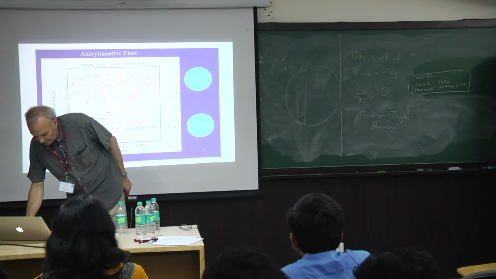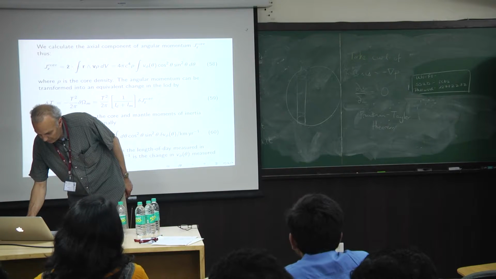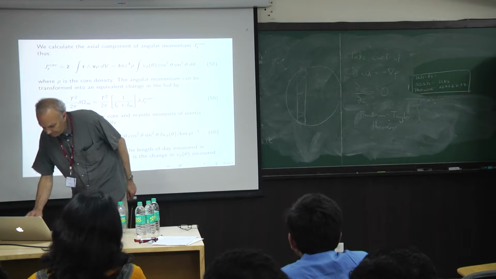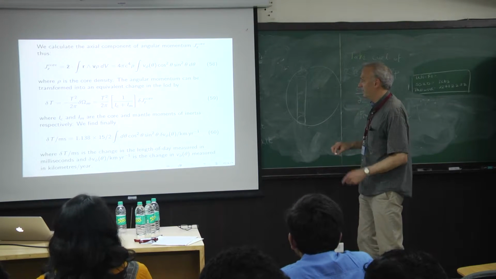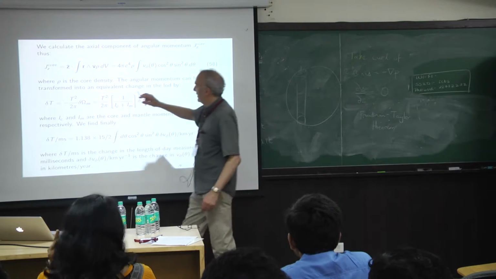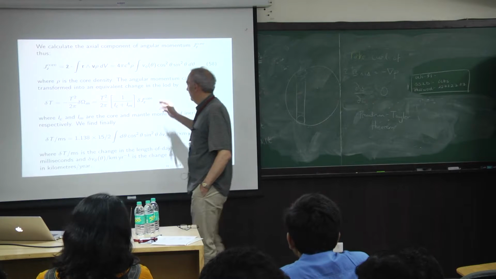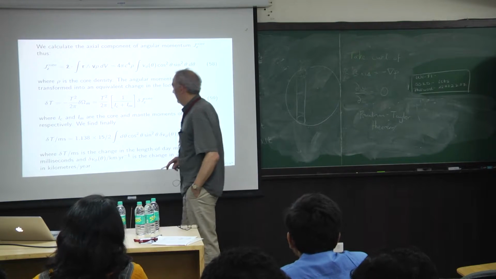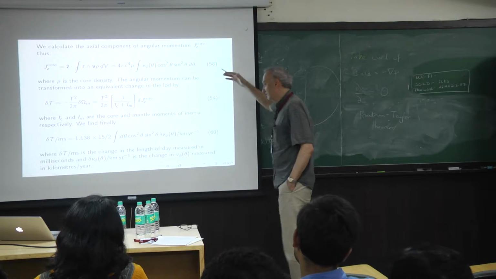So that was my own work from a few years ago, but I'm going to show you the work of the group from Grenoble. So again, this is in words, just to tell you how you can work out the angular momentum of the core, and you can work out what the change in the length of day should be based on the angular momentum of the core, and so on.